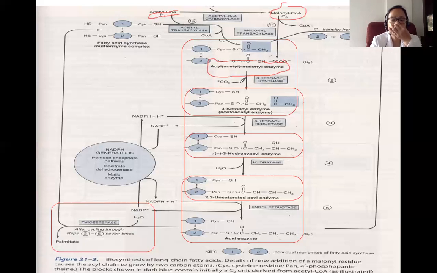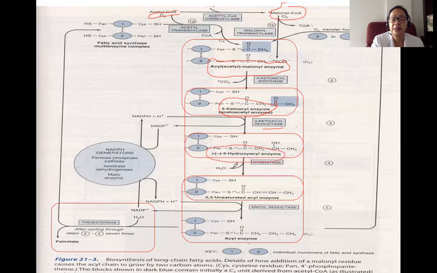After condensation, there would be removal of 1 carbon, forming this 4-carbon 3-ketoacyl enzyme, or acetoacetyl enzyme. After which it is reduced by 3-ketoacyl reductase, forming this hydroxyacyl enzyme.